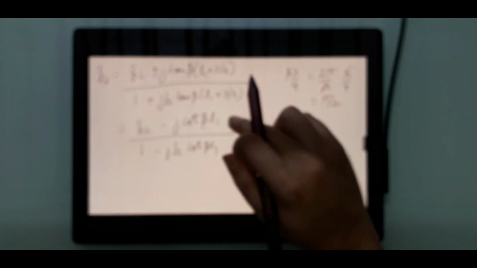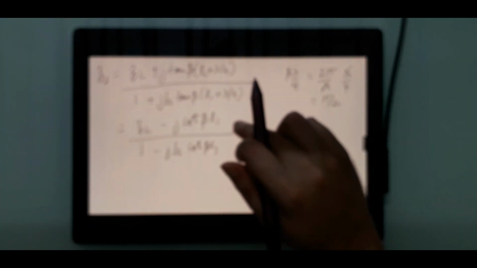So if I now write this using a tan function, I can very easily prove that this is nothing but 1 plus jZL tan beta L1 divided by ZL plus j tan beta L1.